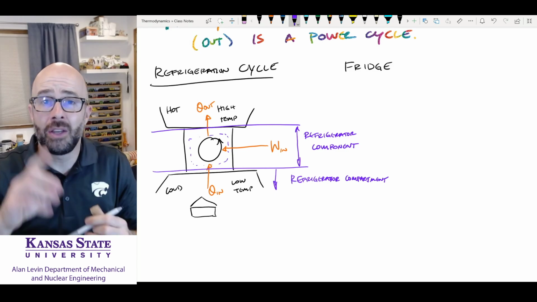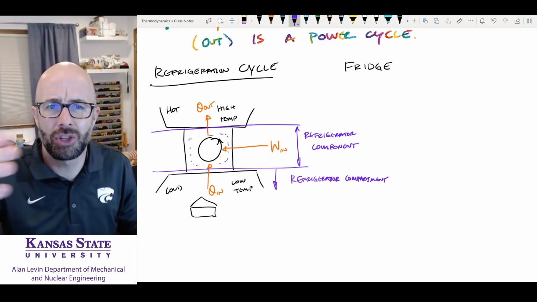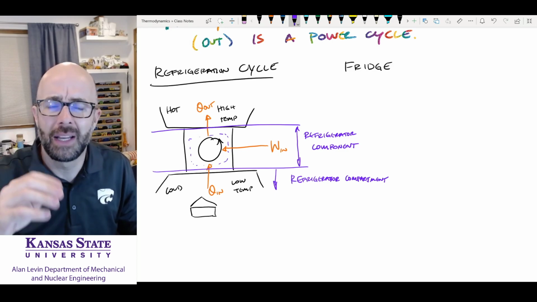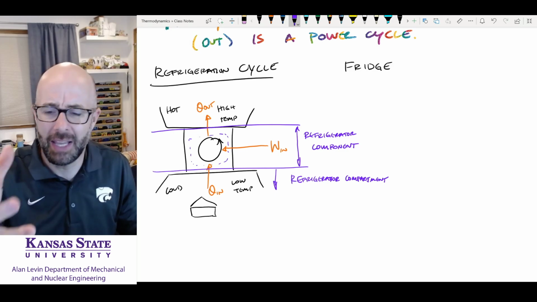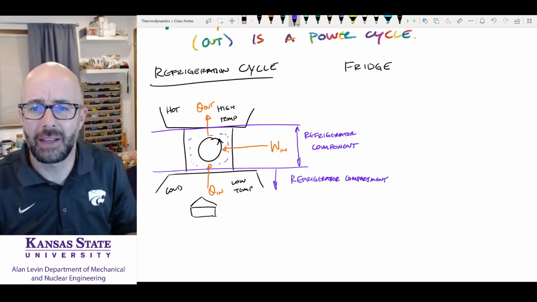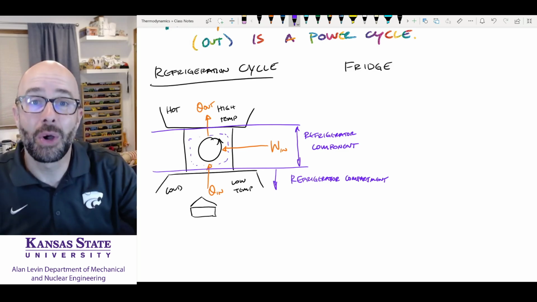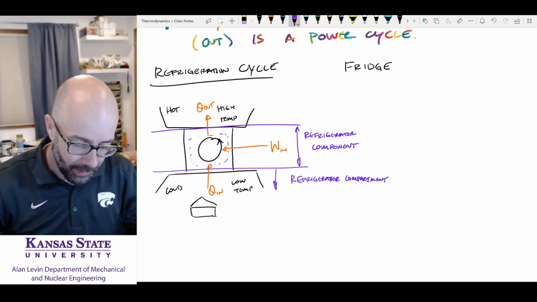By the way, you could do yourself a favor, go to your refrigerator, see if your heat exchangers are covered in dirt, blow them out with an air compressor, or take a vacuum cleaner and suck that dirt out. Let's increase the efficiency of your refrigerator, or we'll talk about the coefficient of performance of your refrigerator.